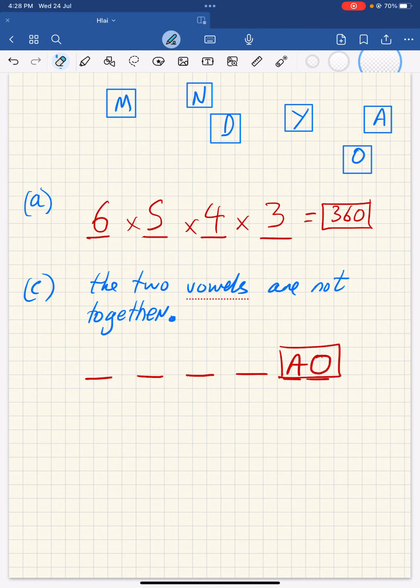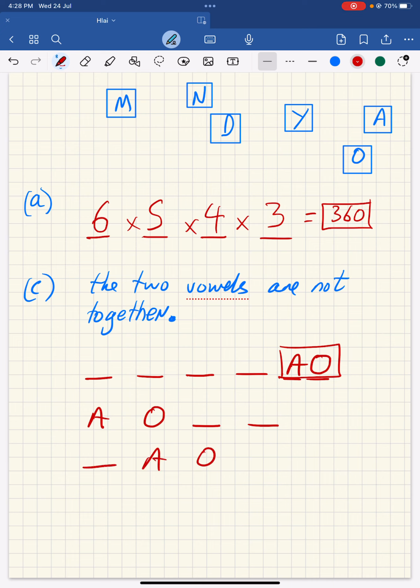So the two vowels are not together. What if we actually place the two vowels together, all right? So what if we place the two vowels together, A, O, then something, something; something, A, O, something; and something, something, A, O. All right, so the AO together.